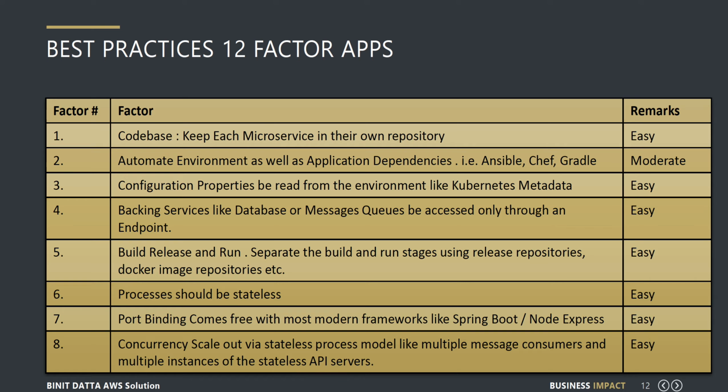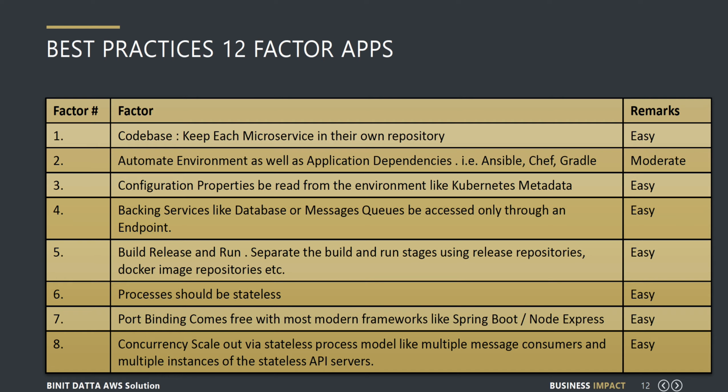Concurrency, scale. The moment you follow a stateless model, right, you set yourself up for easy concurrency. So what is concurrency? Say you are using a RabbitMQ queue, and right now there are say 40,000 messages, and you have three or four consumers, which are Spring Boot applications.